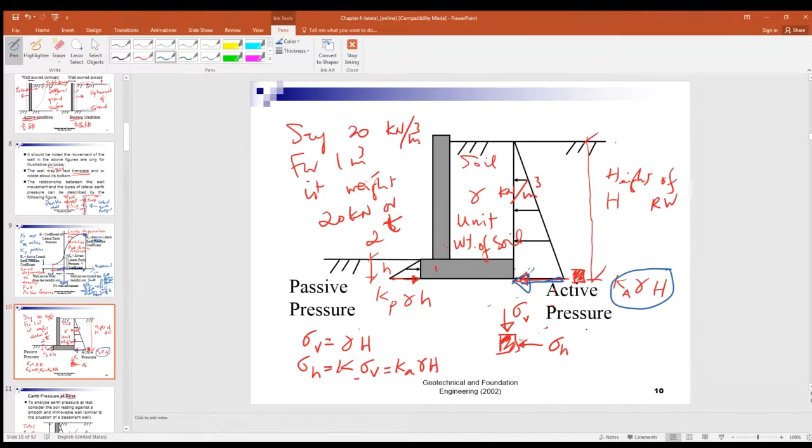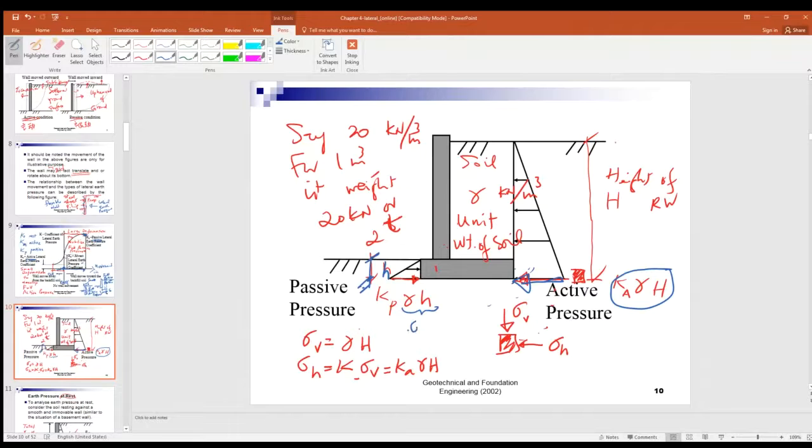Of course, you may ask, then what is the value of Ka? Now, we will come to that later, okay, Ka. In the meantime, that is a value, right? It depends on the soil properties. Now, what about the soil in front of the retaining wall? Here, we have this small h. Again, you get the vertical stress here, what?